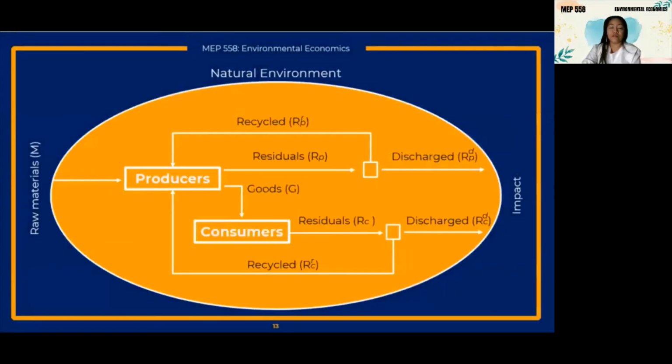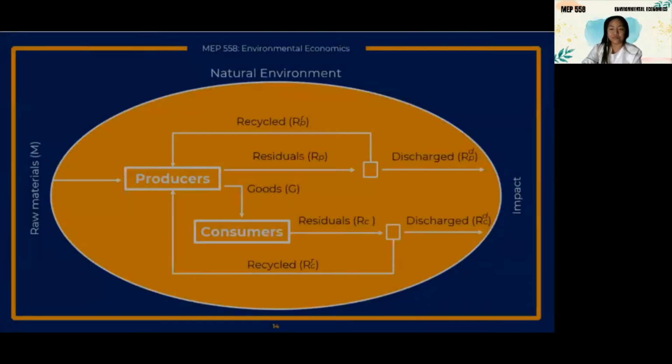From physics, the law of the conservation of matter assures that in the long run, these two flows, the rate of discharge by the producers and the rate of discharge by the consumers, must be equal. So input and output must be equal.